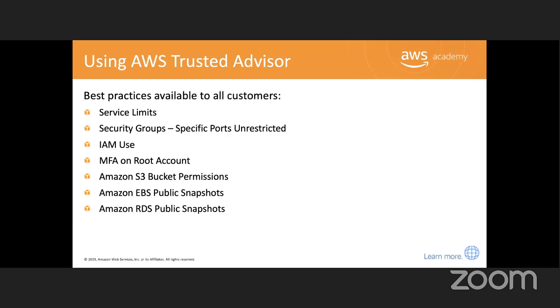Security groups specifying ports unrestricted, IAM users, MFA on root account, Amazon S3 bucket permissions, Amazon EBS public snapshots, and Amazon RDS public snapshots. So it will give you a recommendation on all of this. And this is for all customers, all plans: basic, developer, business, and enterprise.